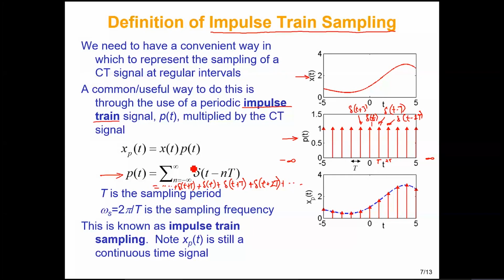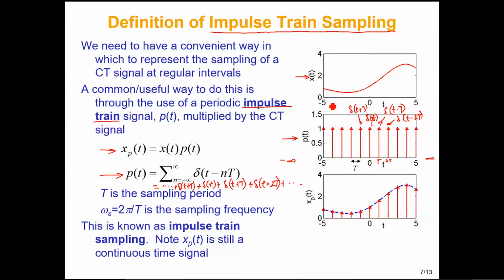Now in impulse train sampling, this impulse train p of t, which is a set of unit impulses spaced at time period T, is just multiplied with your original signal x of t, and the end result that we get is xp of t, or the impulse sampled signal. This impulse sampled signal is obtained by multiplying this infinite set of impulses with your original signal.